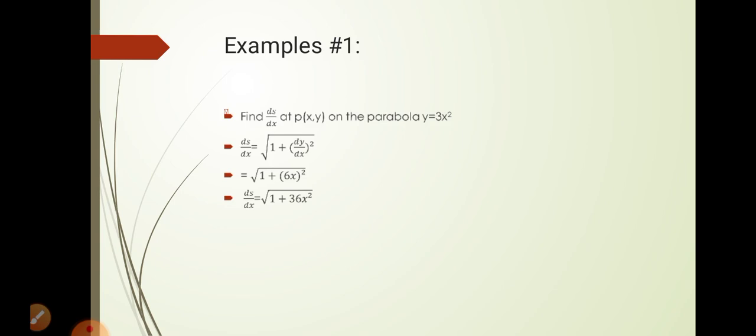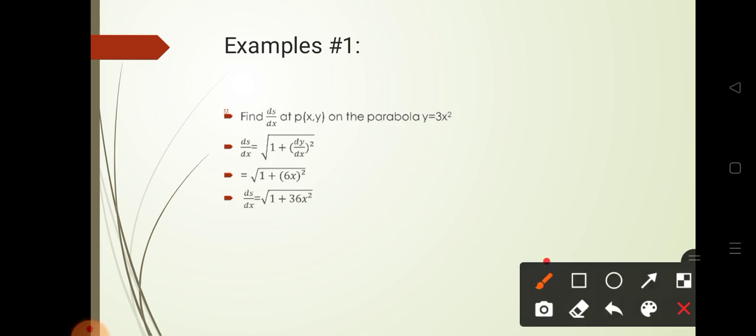For example number 1, we can use the parametric equation. Find ds over dx at P(x, y) on the parabola y is equal to 3x squared. So we have the formula ds over dx is equal to the square root of 1 plus (dy over dx) to the power of 2.